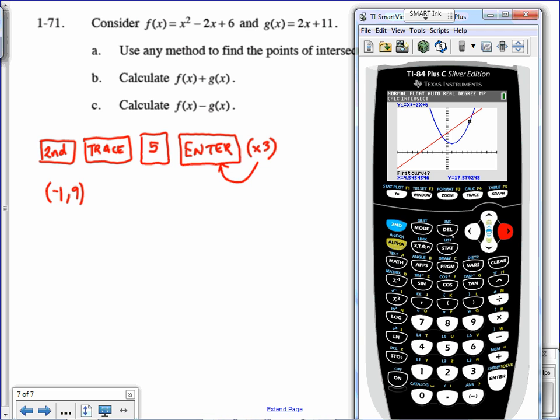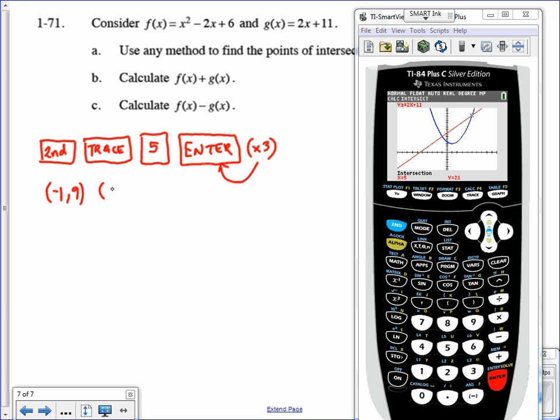Okay, now I'm closer to this one. I can hit enter, mark the curve. Notice it puts the other one pretty close to it too, so we'll press enter there. And one more time, we get our intersection, which is the point 5, 21. So we have -1, 9 and 5, 21 as our intersection points.